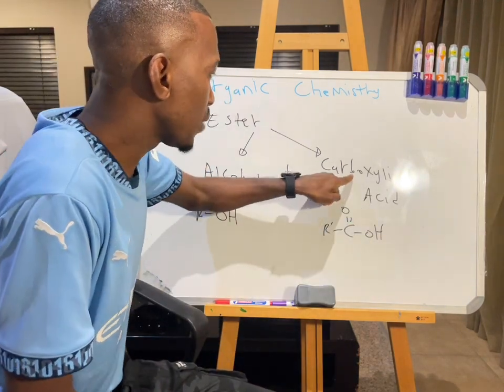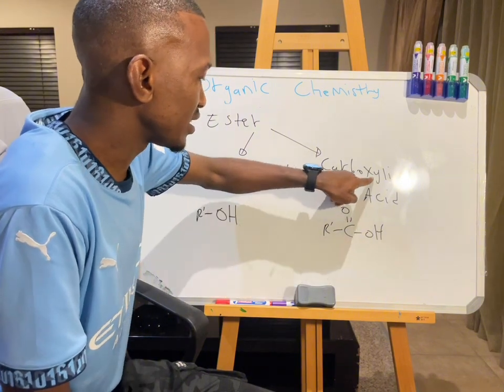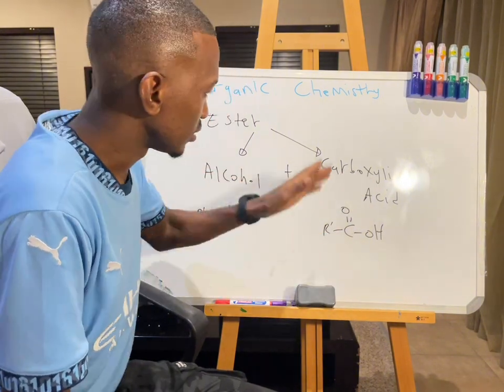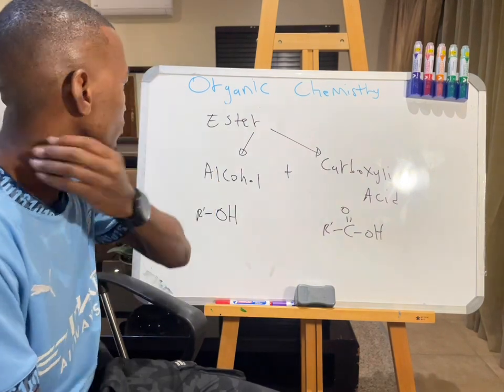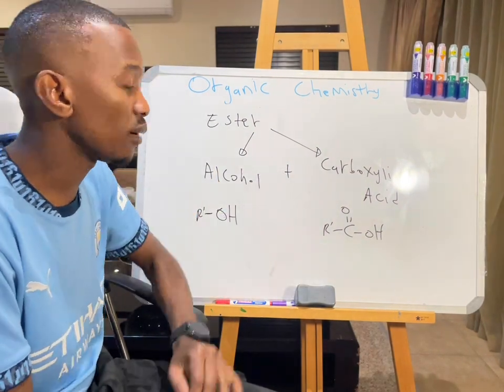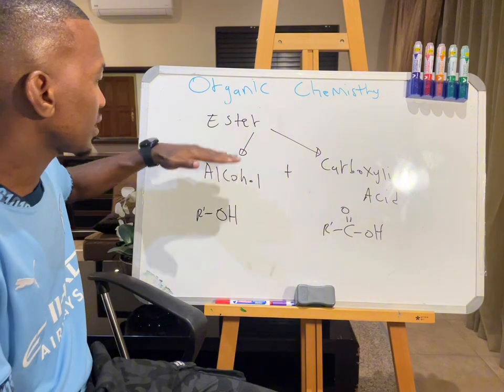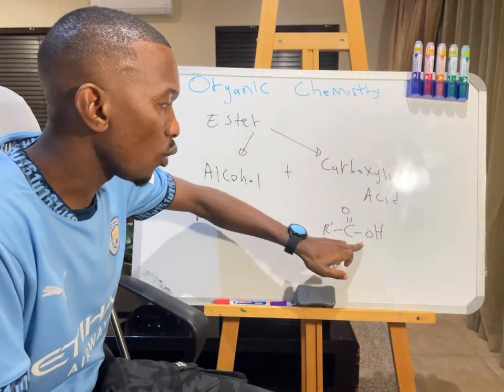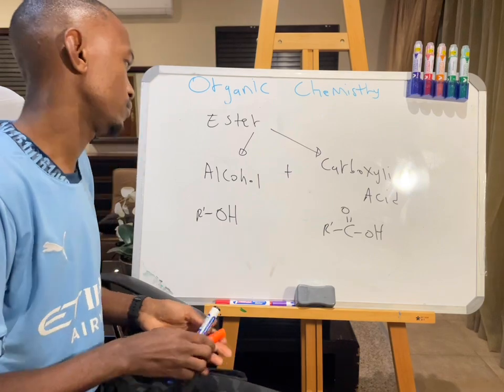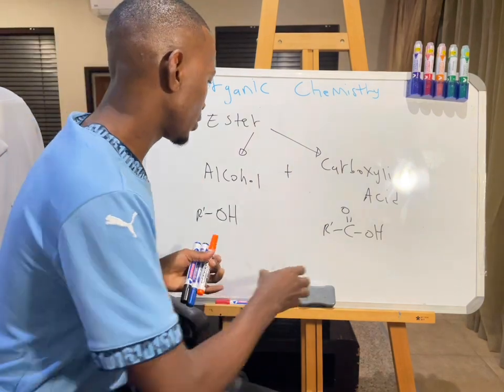So the carbo comes from the carbonyl, that xylic comes from the hydroxyl, then we have an acid there. So that's a carboxylic acid. I hope you see that. Ester, alcohol, OH, carboxylic acid, COOH. Okay, right. I hope we're good on that one.